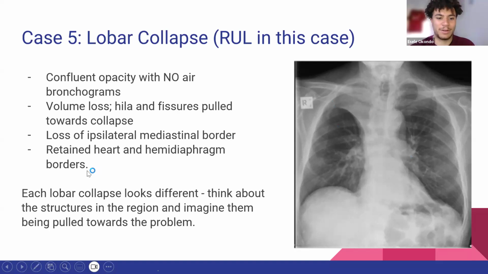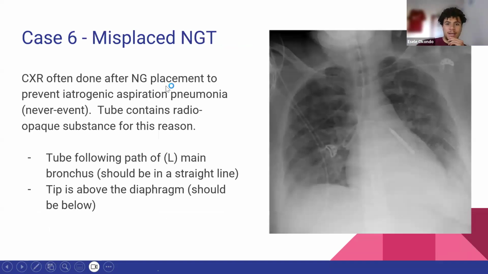Every lobar collapse looks different though, and you have to think about the structures which are being pulled towards the problem as a result of changes in pressure. But generally with lobar collapse, you can spot that there's something going on. Potentially you could confuse it for pneumothorax as well. That might be on your list of differentials. But this one is lobar collapse.